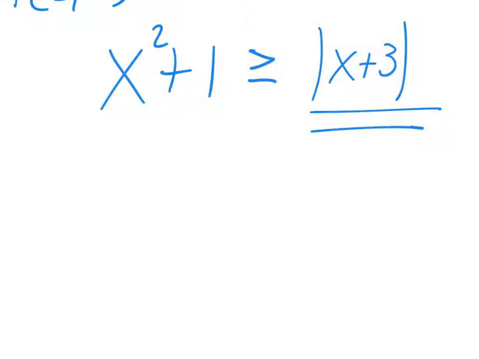So the first thing I recommend, sketch it. You all know how to make a parabola that's been shifted up a little bit. You all know how to make a V shape that's been shifted left a little bit. And then you can at least know how many answers there's going to be.